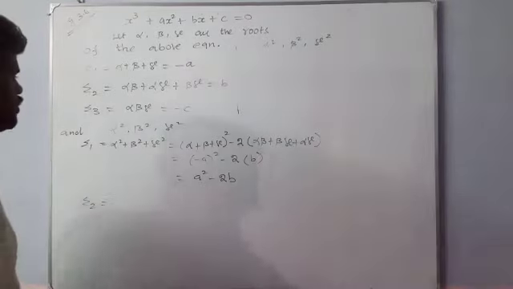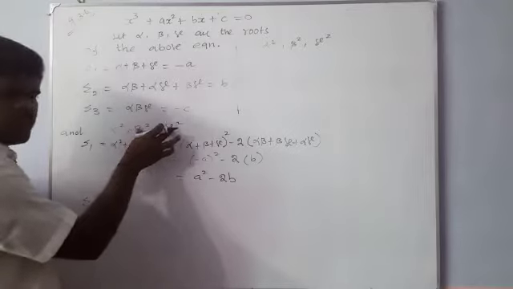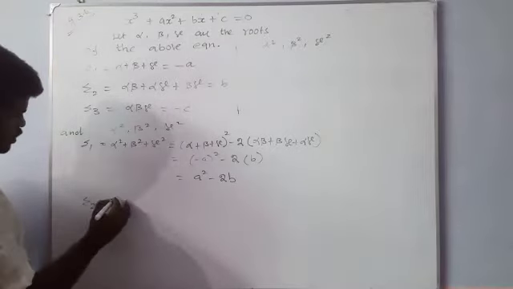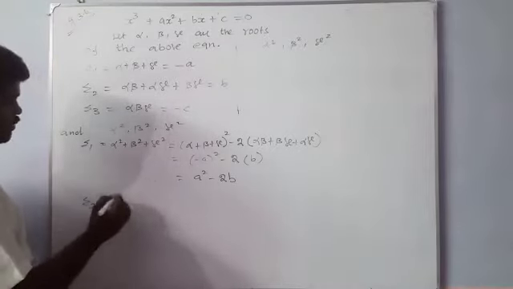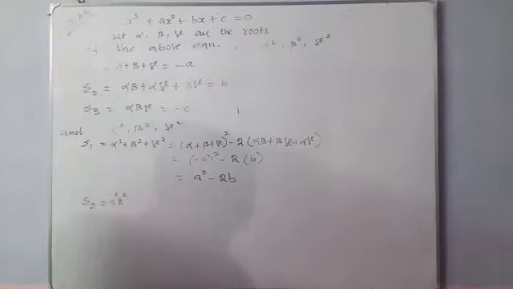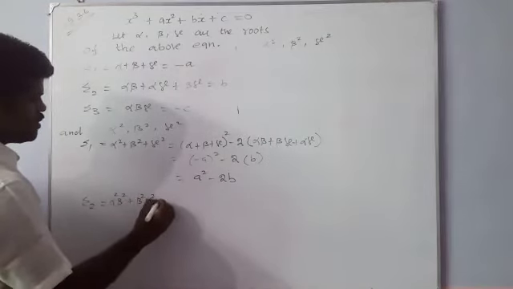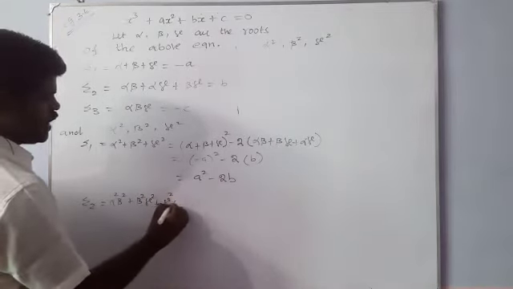And summation 2. Summation 2 is what? First product these two, and product these two, and product these two. So what is the value? Alpha square beta square plus beta square gamma square plus gamma square alpha square.